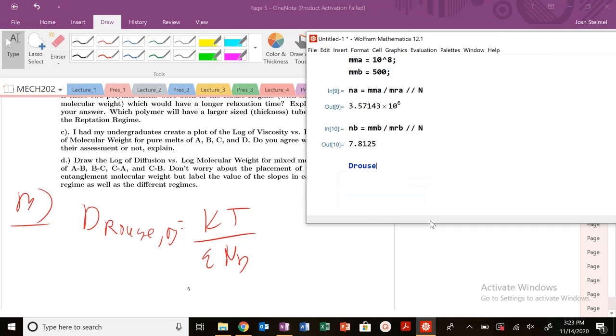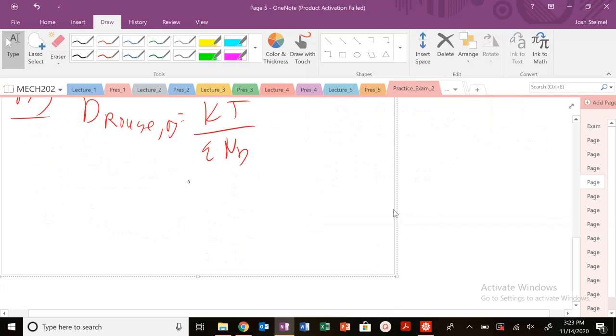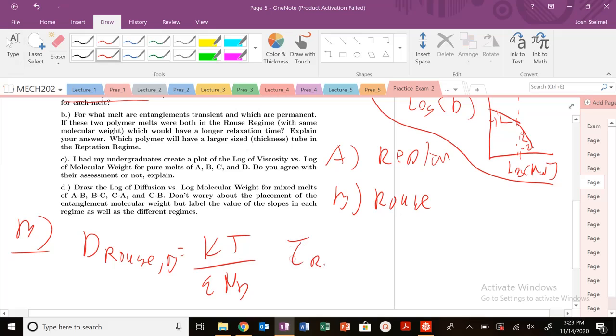D Rouse B will be equal to k times T divided by eta times NB, and that's going to give me my diffusivity in meter squared per second. Excellent, so I've got that value down. I can also calculate the longest relaxation time. We know the longest relaxation time, tau Rouse, is going to be equal to my Rg squared over my diffusivity.